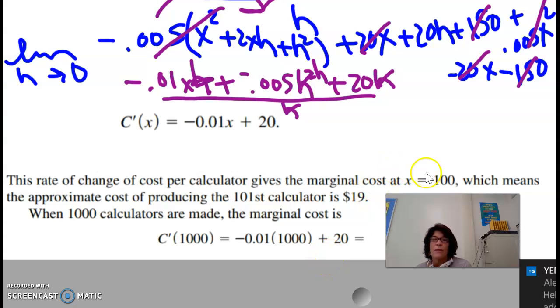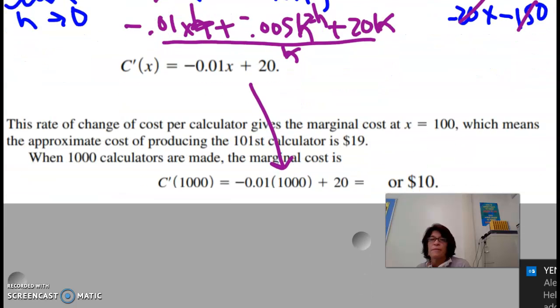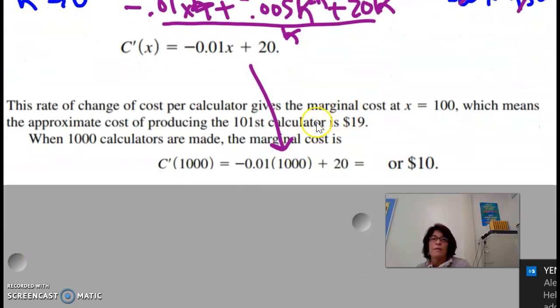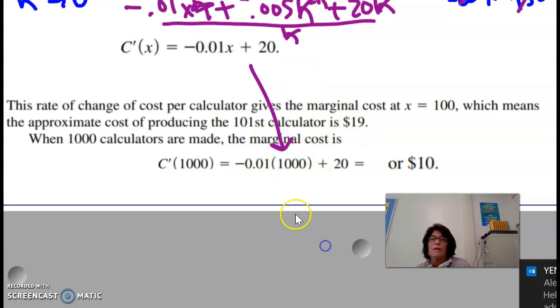Okay, so I'll put 100 in my formula. See, I just put 100 in for x and got $10. Oh, well, no, that was 1,000. When it was 100, I guess you got $19, but when it's 1,000, we get $10. So that's $10 per calculator. Okay, but when I'm producing 100, then it's $19 per calculator.